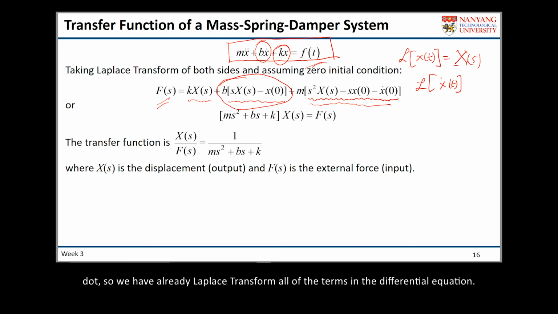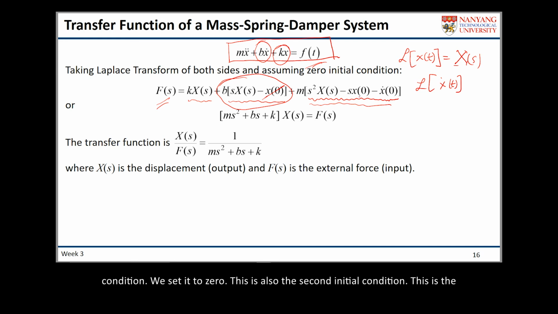So we have already Laplace transformed all of the terms in the differential equation. The next step, if you want to convert the differential equation model to the transfer function model, you have to assume all of the initial conditions are equal to 0. So this is the first initial condition.